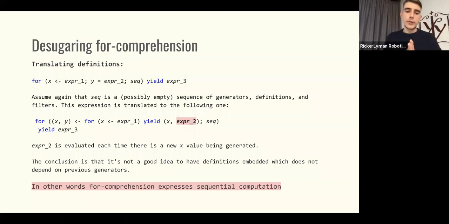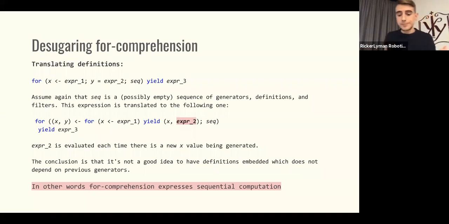And you can notice that expression 2 will be evaluated every time for every x generated from expression 1. And this is a bad thing, because we don't need to re-evaluate it every time, because expression 2 doesn't depend on expression 1. If it doesn't depend, then it's a bad idea.